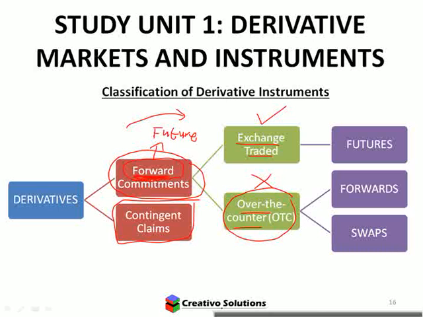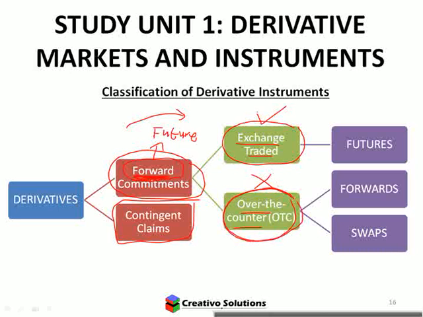So why do we still have a market for over-the-counter derivatives? It's because people out there are always looking for opportunities. People are always looking for ways to receive a return. So derivatives provide opportunities. I could look at exchange traded derivatives and I could also look at over-the-counter derivatives.